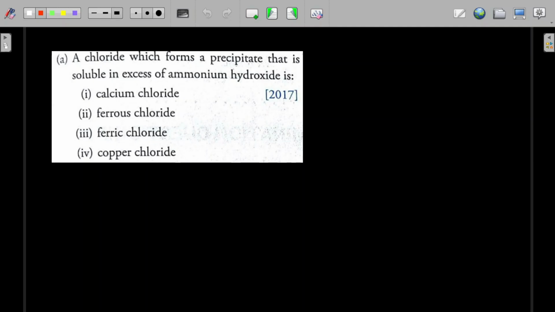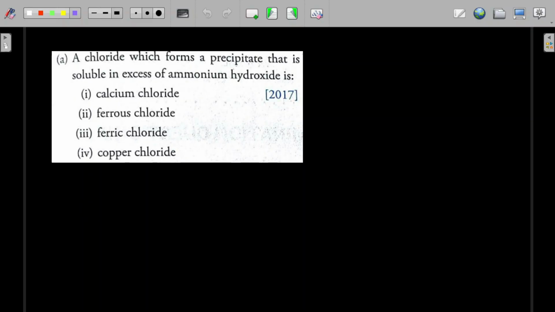Dhanish, tell me the answer for this. A chloride which forms a precipitate that is soluble in excess of ammonium hydroxide is copper chloride. Sorry, ferric chloride.